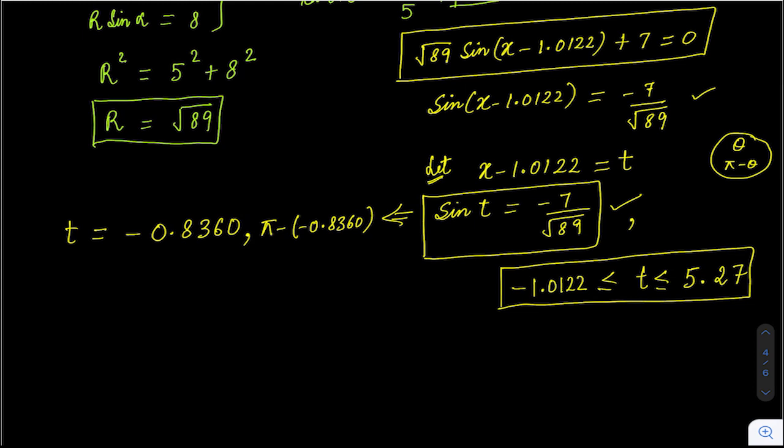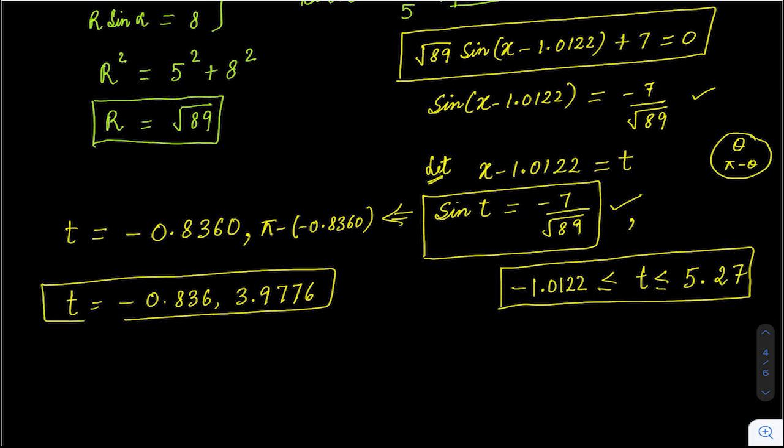So these are my only two answers. So t is coming out to be minus 0.836 and my second answer is 3.9776. I hope everyone understands this. If you again add 2 pi, it will be greater than 5.27, so we are not looking for that value. These two are the answers.